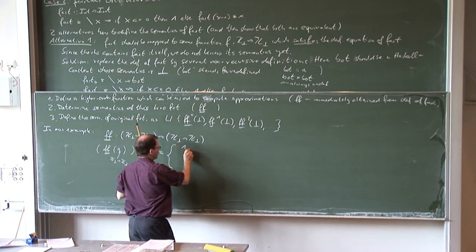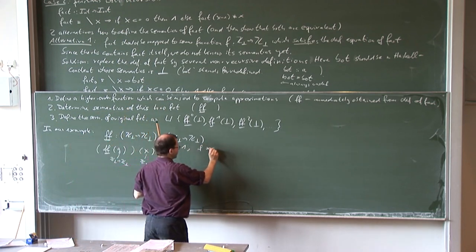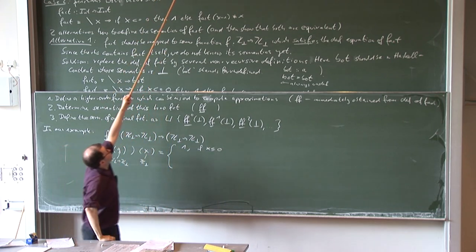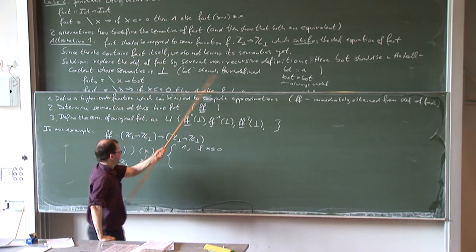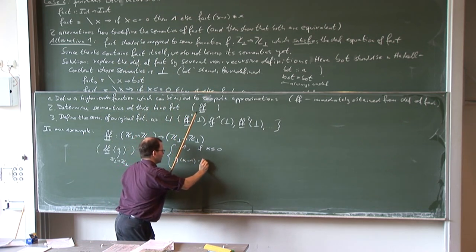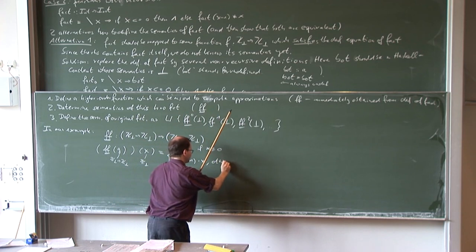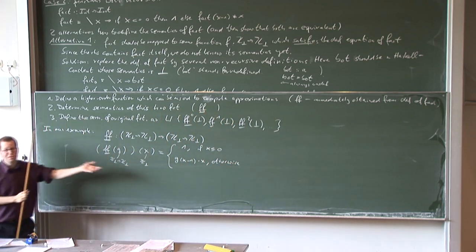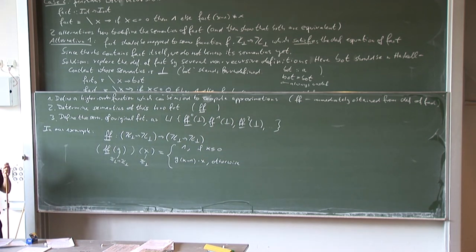And otherwise, it's g of x minus 1 times x. So this semantics you can immediately get from the definition of ff, because apart from predefined things like minus and times and if, there is nothing in the right-hand side.